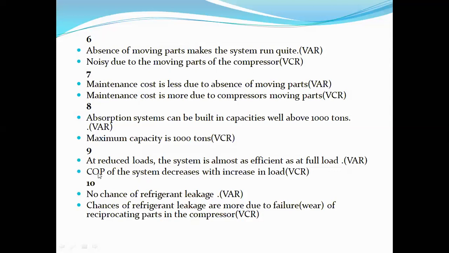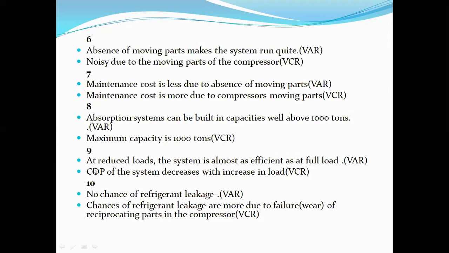It is defined as the amount of heat absorbed to the work done. So how much capacity is going to be expressed in terms of COP. COP means coefficient of performance. It is a ratio of Q by W. Q is the amount of heat absorbed from the system to the work done in the system.